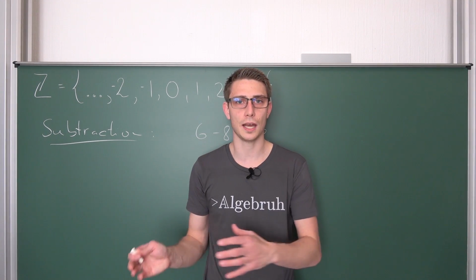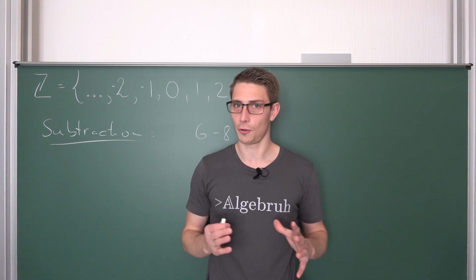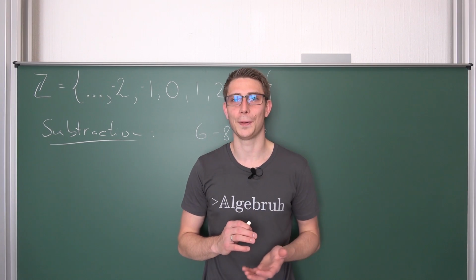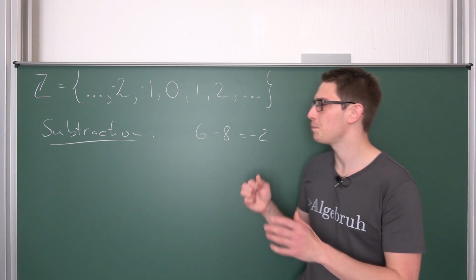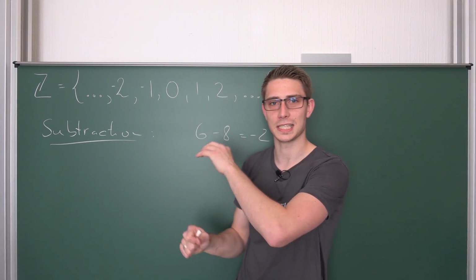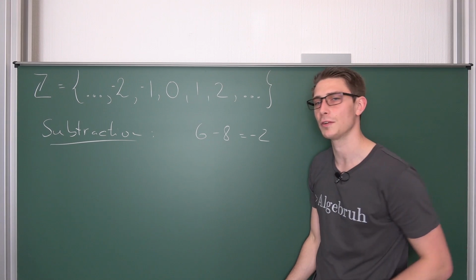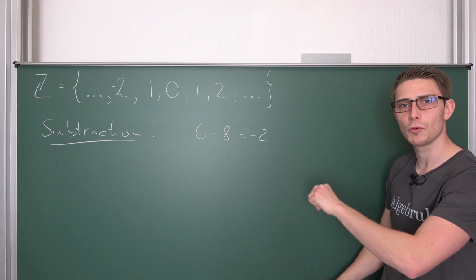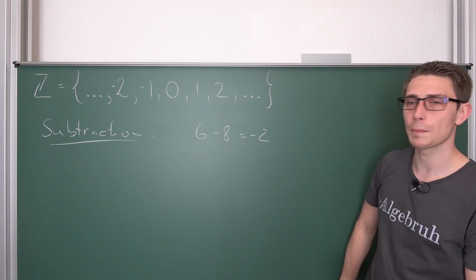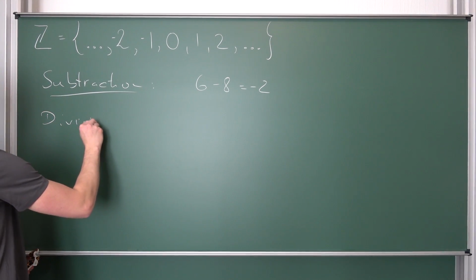This is called ring and field theory, and it's a really big part of mathematics, and it's a really hard part of mathematics. But if you are interested in the more theoretical stuff behind all of this and extending ranges of numbers, then check out abstract algebra. It might be the thing for you. So subtraction works to its fullest now. What about division, for example? Division, does that work out?